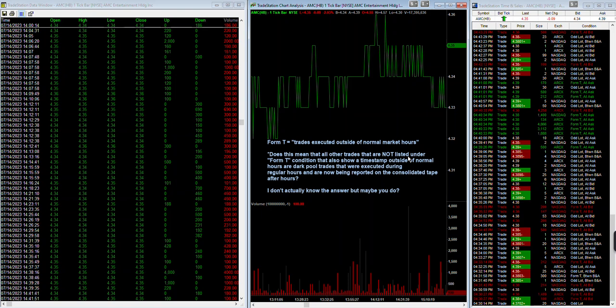If a dark pool trade needed to be reported to the consolidated tape, meaning on a lit exchange, time and sale, shows up over here in your data window, shows up on your tick chart and every other time frame chart, then the dark pool activity wouldn't really be that much of a disadvantage to retail, because the larger whales are able to meet up in the dark pool, match buyers and sellers.